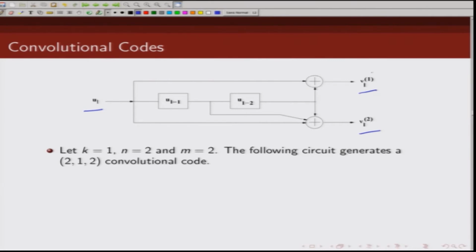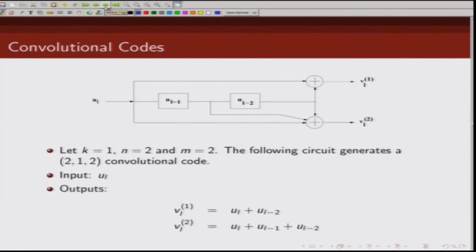So, the current output not only depends on current input, but also depends on past two values of the input. So, this is an example of a (2,1,2) convolutional code. n is 2, there are two outputs, k is 1, one input, and memory order is 2, because the output depends on past two values of information sequence. So, you can see here the first output, which is v(l)1, it is basically u(l) plus u(l-2).